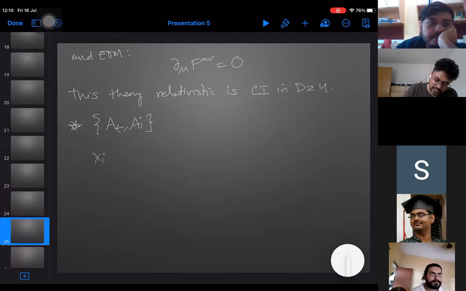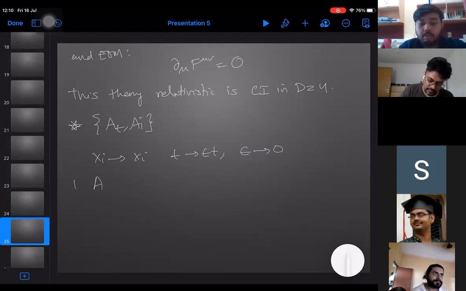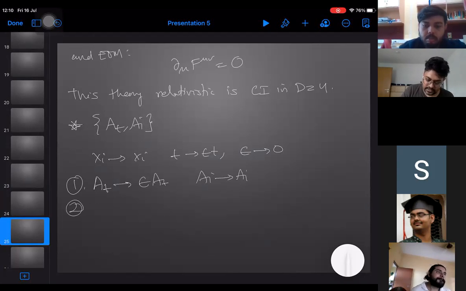So you take the limit like this, same as before on the coordinates, but now you also have to take the limit on the fields, where you have two limits. So you have something like this: A_i goes to ε A_i, and the second is A_t goes to A_t.